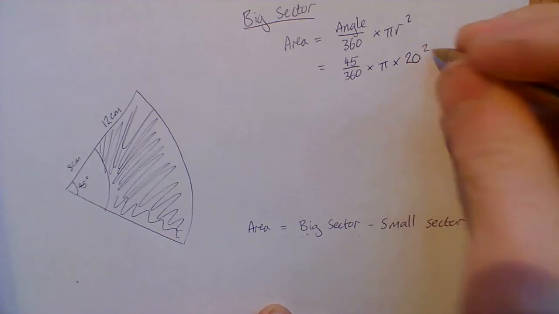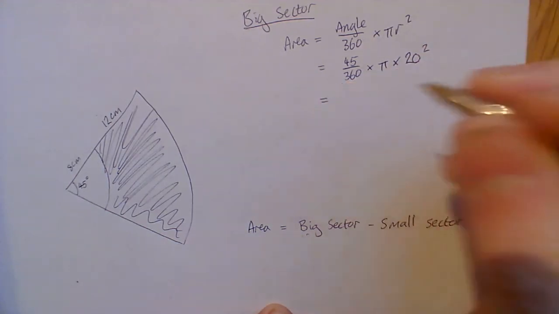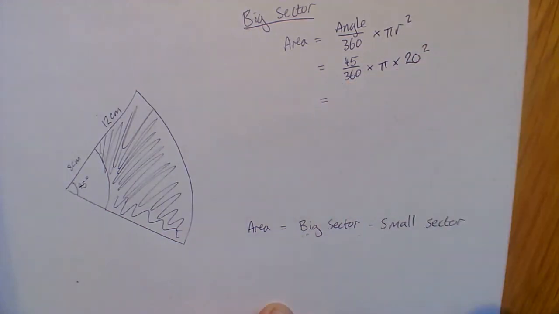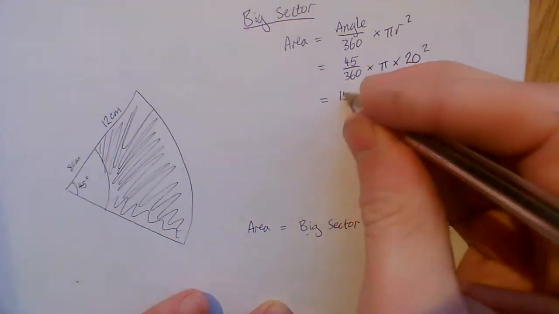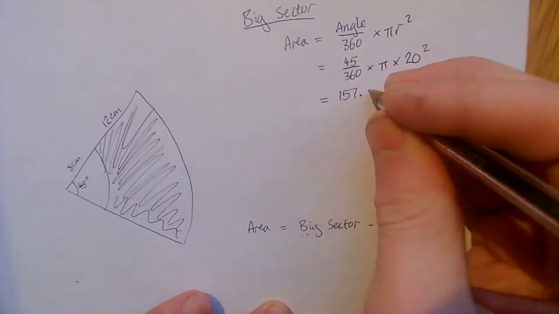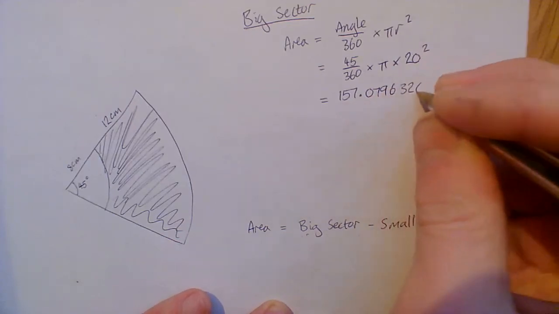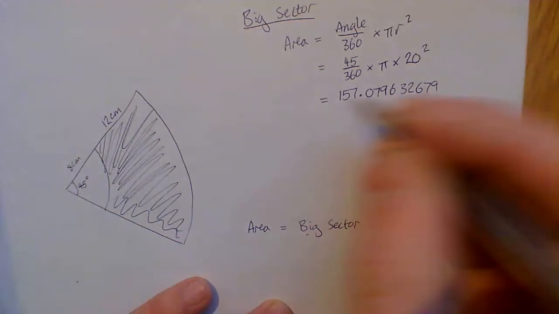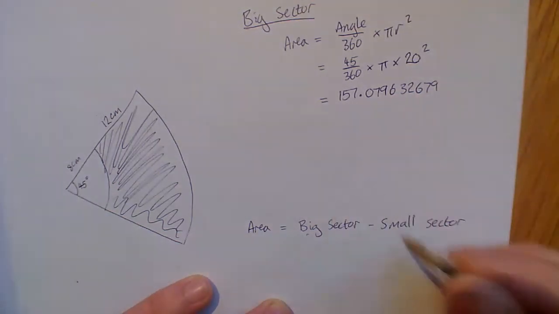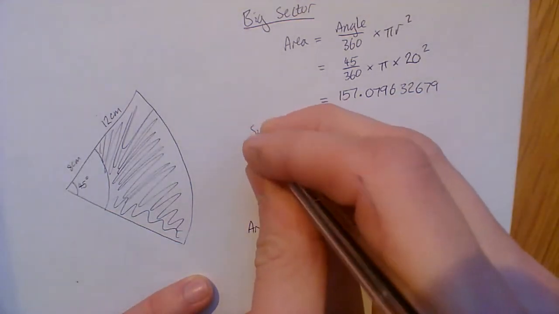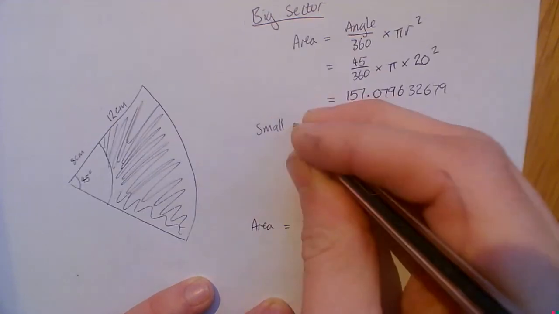So we're doing 20 squared there. Putting that in a calculator gives us 157.079632679. I'm not going to round it yet because I want to use that answer further down. So we'll round at the very end.